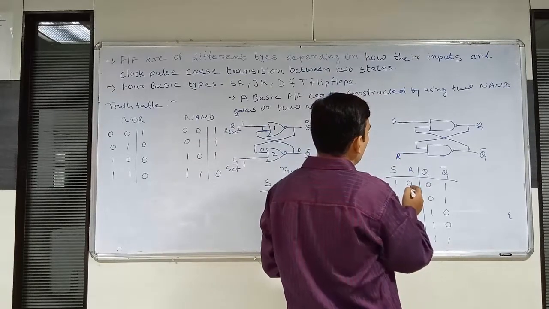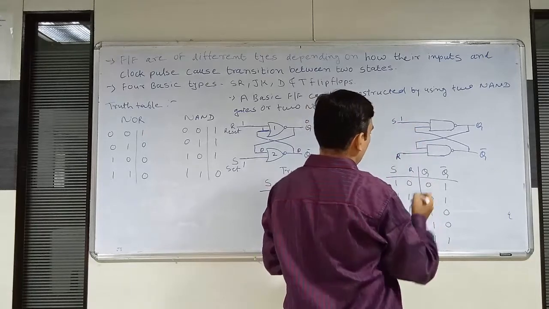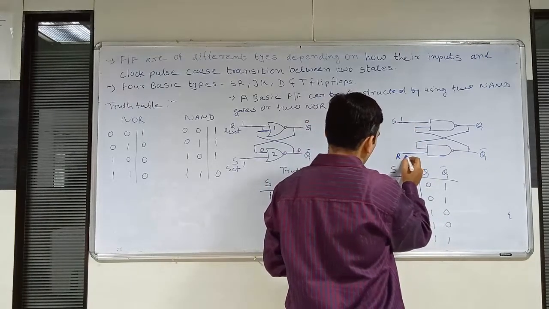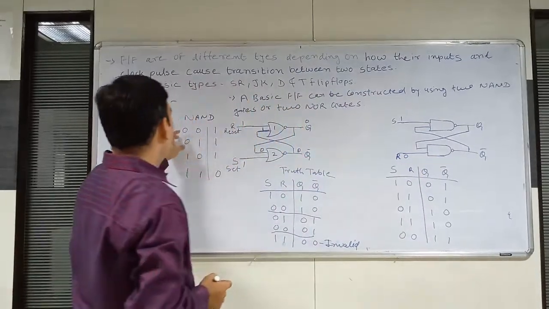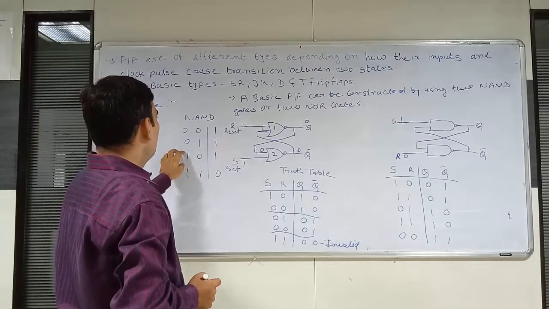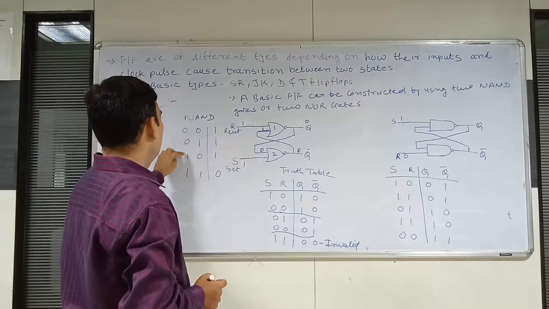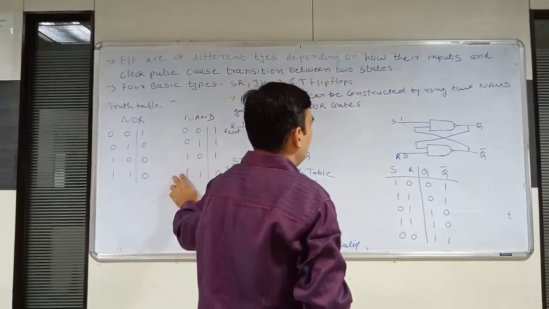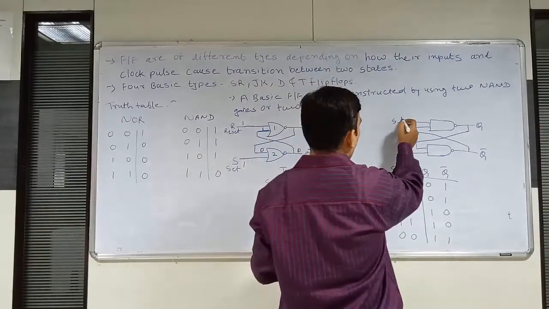When S is equal to 1, we will keep S is equal to 1 here. And R is equal to 0. In the truth table of NAND gate, when any of the input is 1, here 1, 1 and 1. So here also 1.